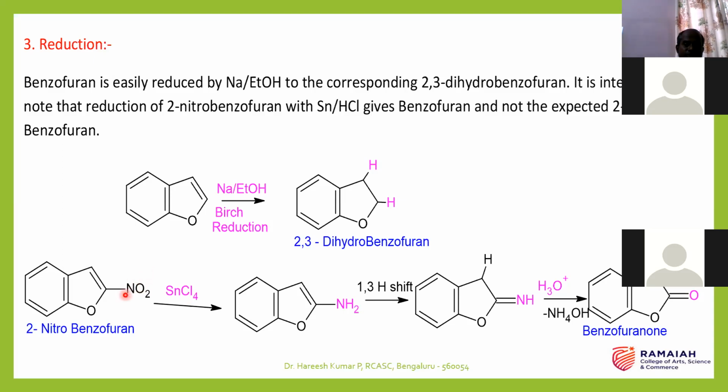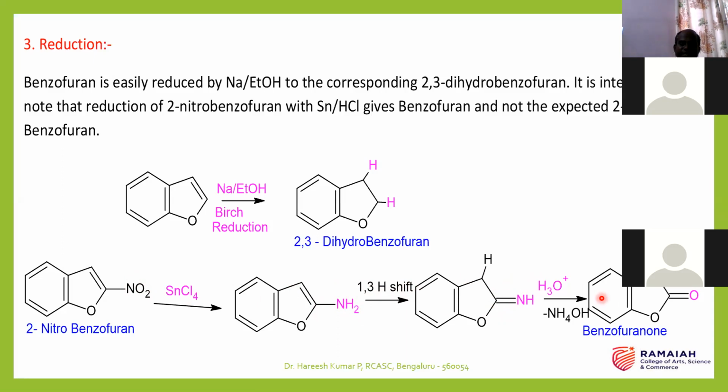Those electrons are used by the nitro group to convert into NH2. Once the NH2 is obtained, the proton is shifted from NH to here. It's called a 1,3 hydrogen shift. After shifting a proton from here, the obtained one is called an imine. This imine on hydrolysis gives benzofuranone.